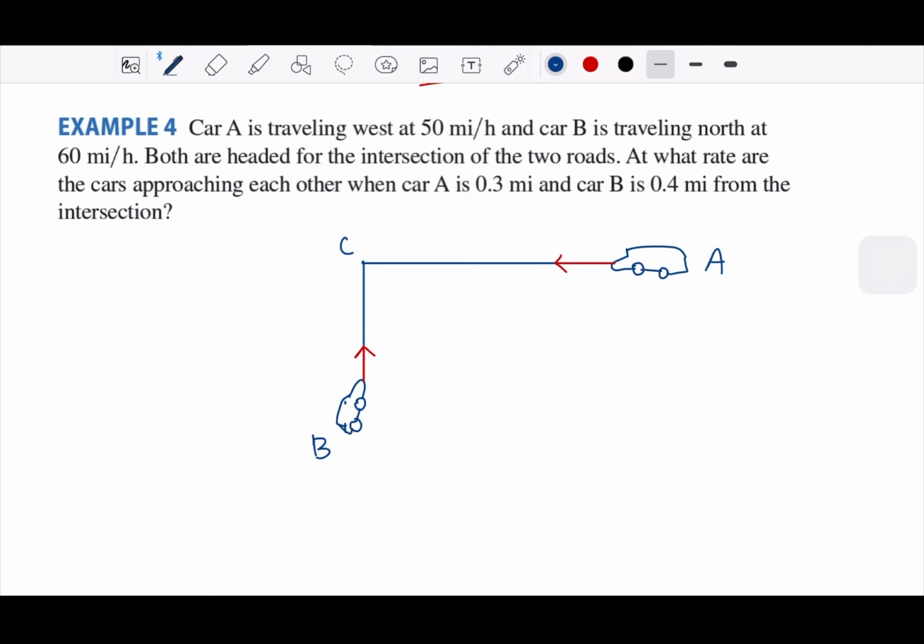Let's name the distance A and the rate, dA/dt, is 50 miles per hour, and dB/dt is 60 miles per hour.